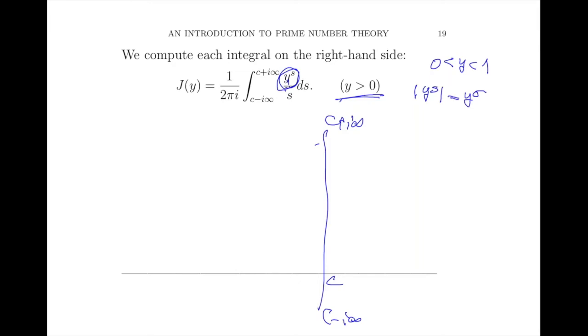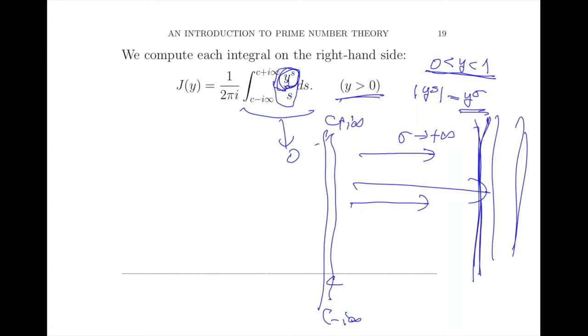So if the real part of s, sigma, tends to plus infinity, and y is between 0 and 1, this y to the sigma goes to 0. Therefore this integrand goes to 0. So if we move this path of integration to the right, then this integral goes to 0. So simply, when y is between 0 and 1, J of y is simply equal to 0.